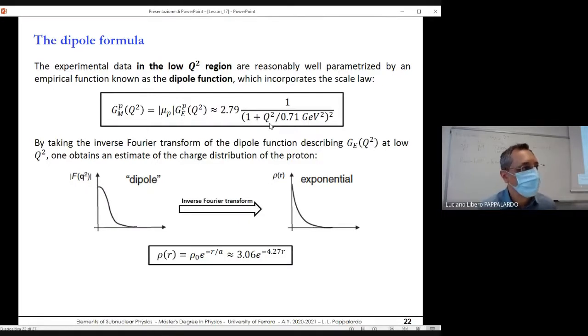Now, back to our discussion that we had today, one can take the inverse Fourier transform of this distribution, so of our form factor, to get, in principle, the charge distribution or magnetic moment distribution of the proton.